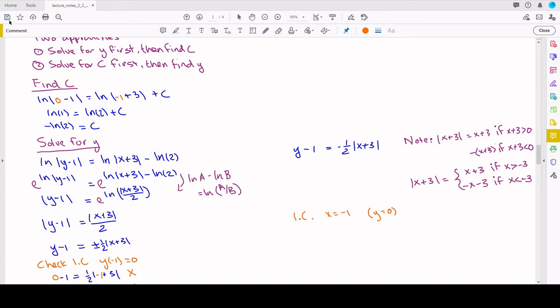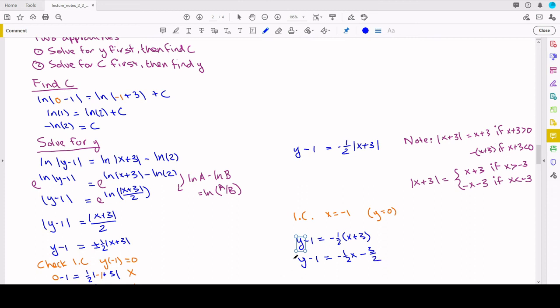So we can simplify that a bit more, and we get that y minus 1 equals -1/2 times x plus 3. Now simplify this all the way, we get y minus 1 equals -1/2 x minus 3 over 2.